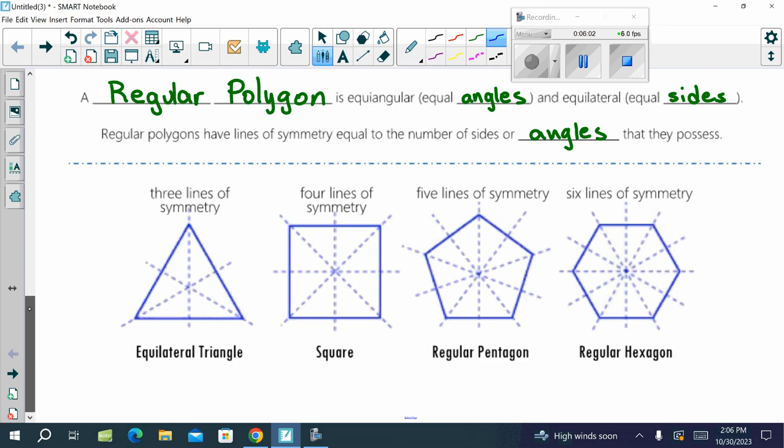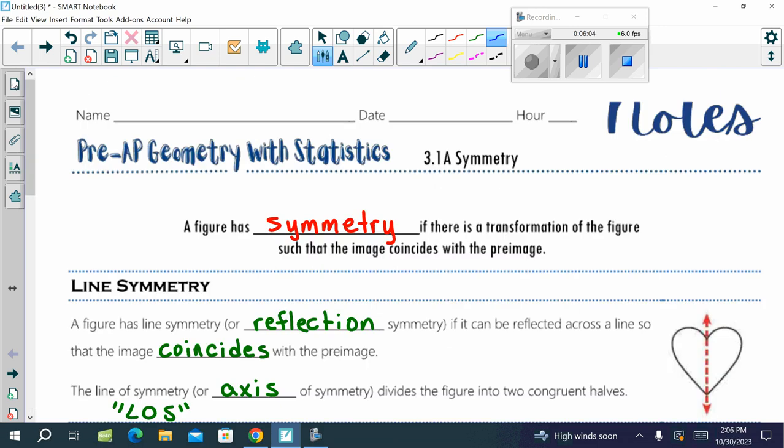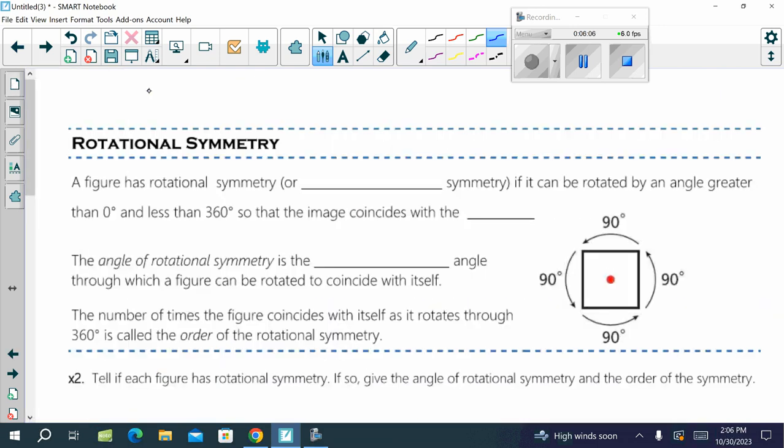All right, flip it over. Rotational symmetry. A figure has rotational symmetry, or radial symmetry, if it can be rotated by an angle greater than 0 degrees and less than 360 degrees so that the image coincides with the pre-image.